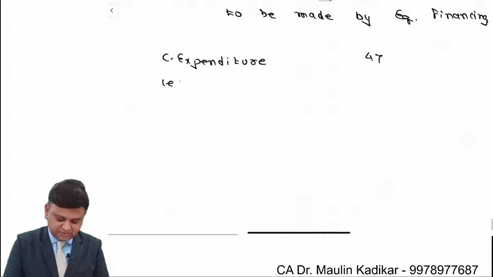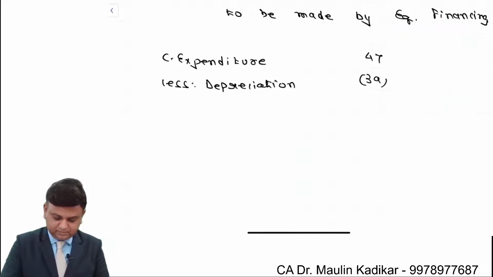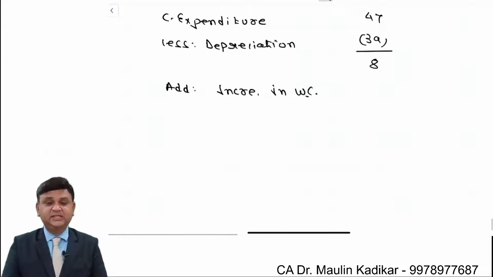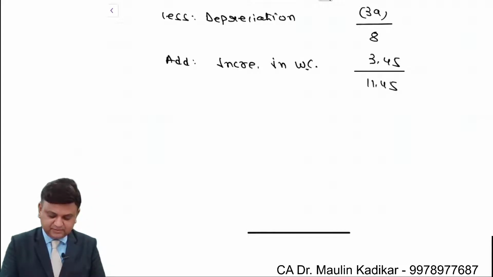Less depreciation, an amount of 39. So it is 8. Add increase in working capital. The change is understood to be an increase of 3 rupees 45 paise. So the total comes to 11 rupees 45 paise.